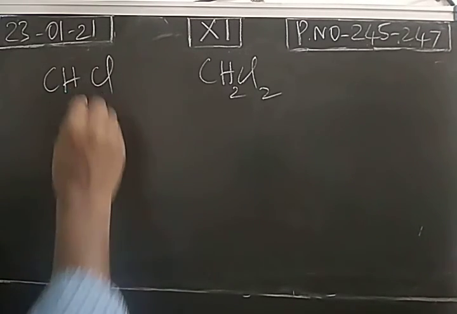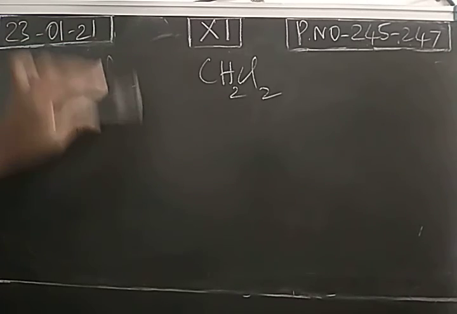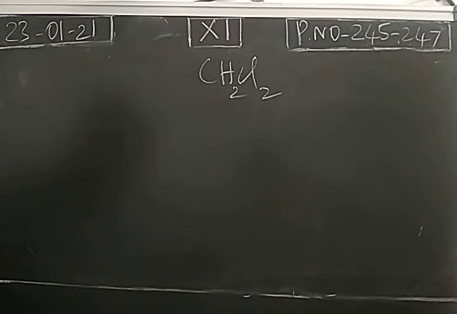One more hydrogen is replaced by a halogen, we will get methylene chloride. So this is the first member of gem dihalide. How can we prepare this methylene chloride? Two methods can be adopted.